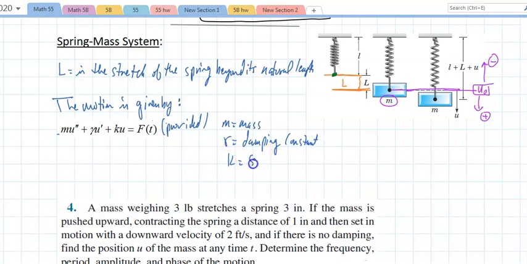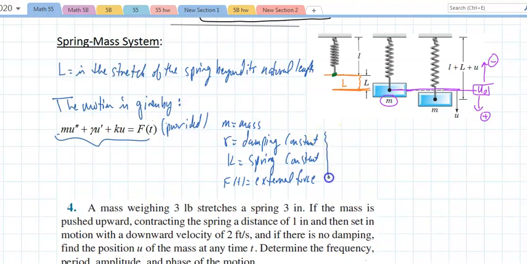K is the spring resistance. We call it the spring constant. And F of t is the external force. And that pretty much describes what you need. Find m, plug it in. Find gamma, plug it in. Find k, plug it in. And that's pretty much it.